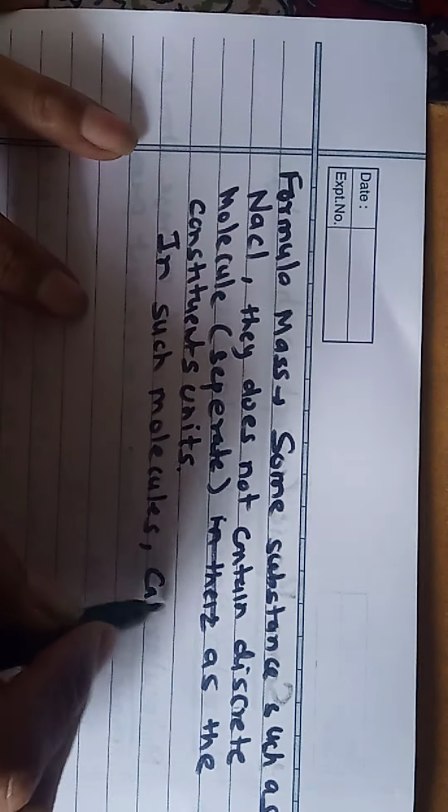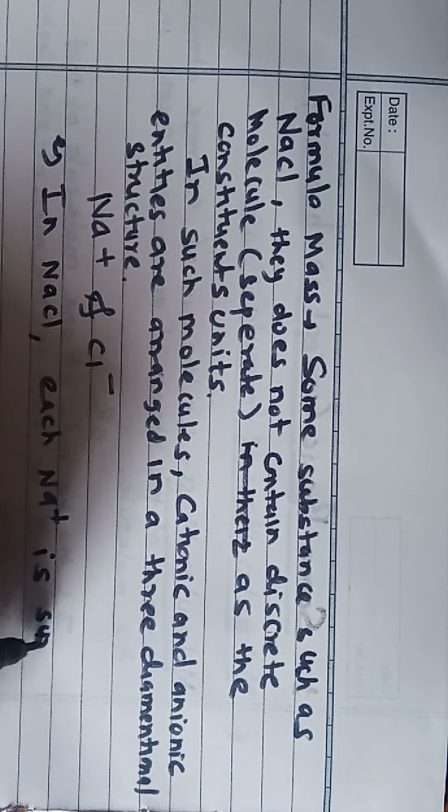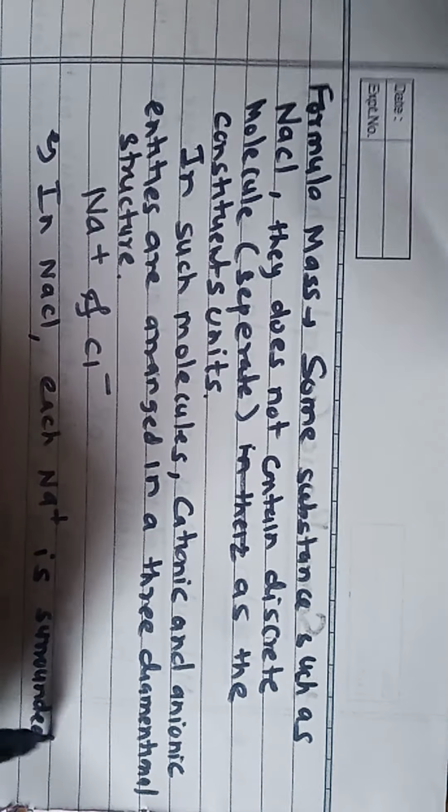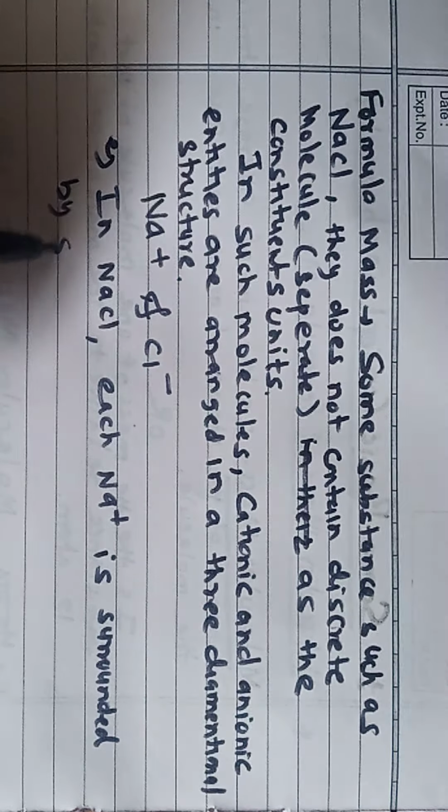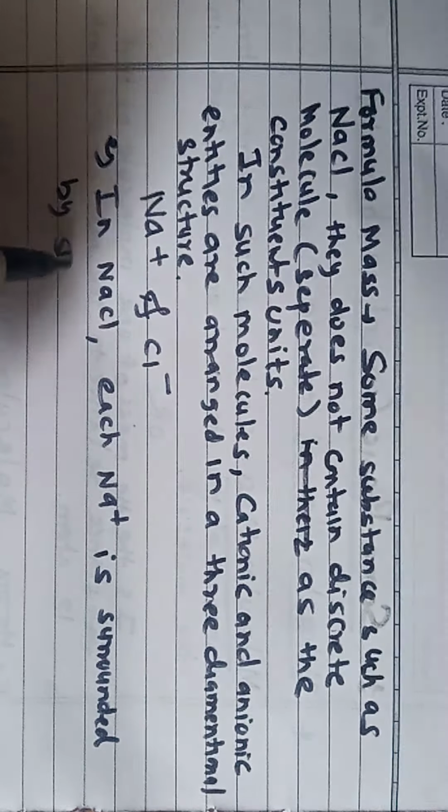As in NaCl, Na+ is the cation and Cl- is the anion, and they are arranged in a three-dimensional structure. For example, in sodium chloride, each Na+ ion is surrounded by 6 Cl- ions. This way they are arranged in three dimensions.